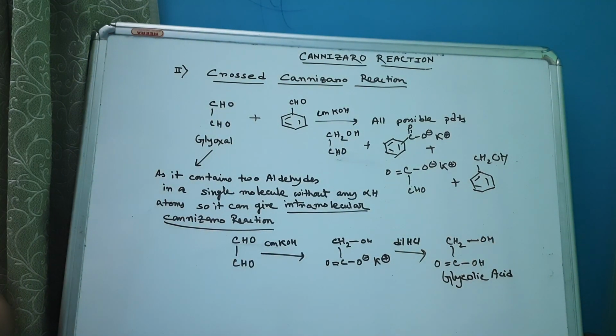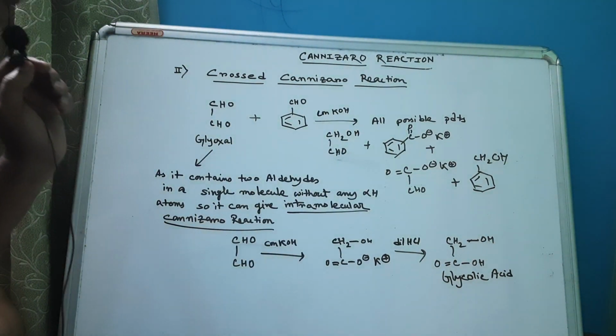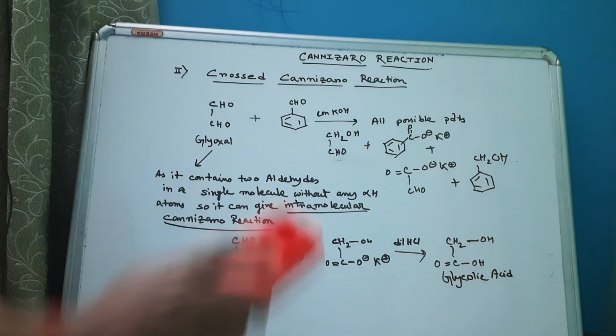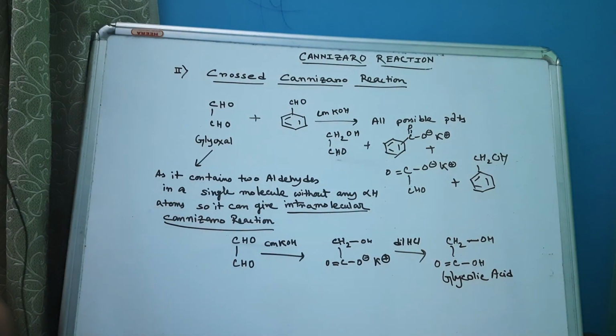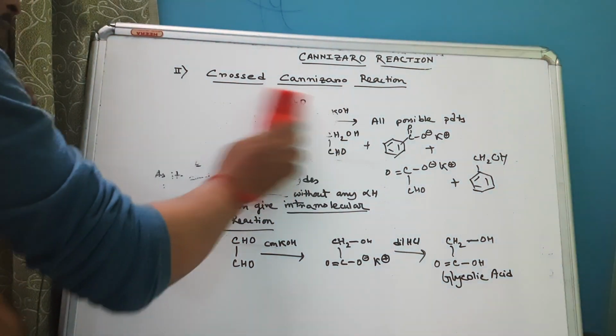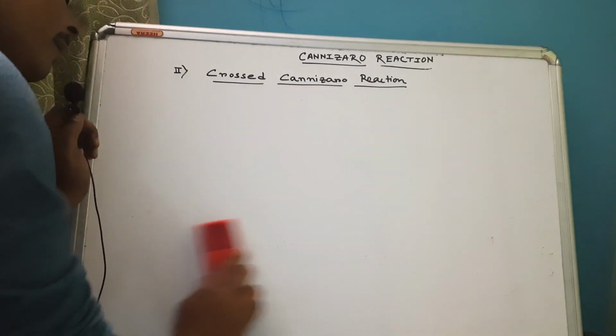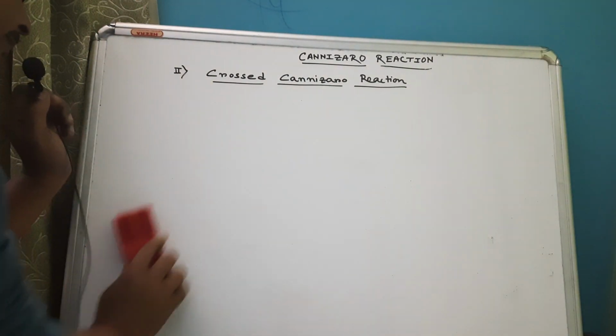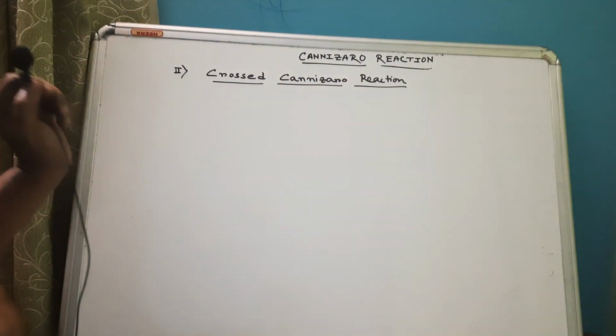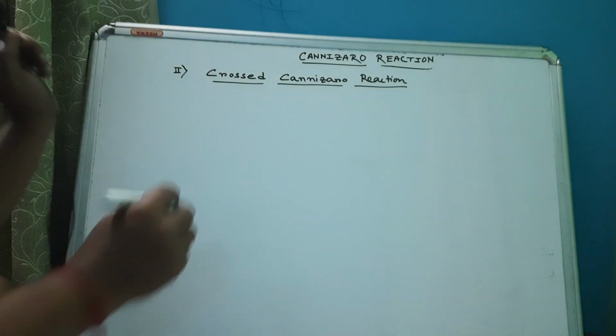Okay, but here in cross Cannizzaro reaction, if among these two aldehyde molecules one is formaldehyde, then only formaldehyde will be converted into the corresponding sodium or potassium salt of its carboxylic acid. And the other molecule is reduced to its corresponding alcohol.